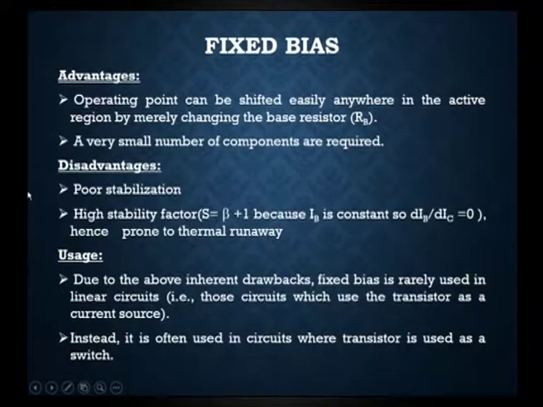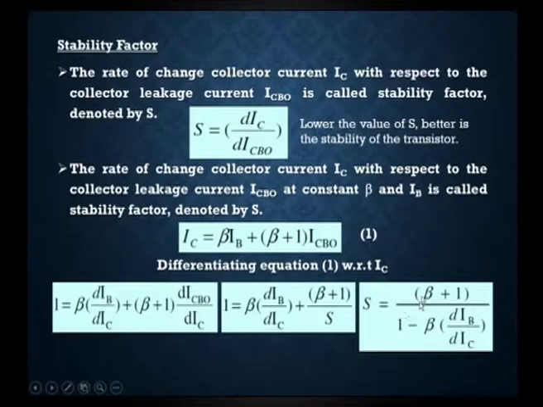The disadvantage is that there is poor stabilization and a high stability factor, S equal to beta plus 1, because IB is constant. Here IB is always constant, so from the expression we know that dIB divided by dIC is equal to 0, in the sense S is equal to beta plus 1. We can go back and check.